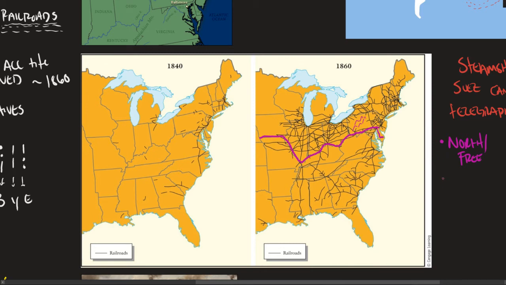Number two thing to take note of is the direction in which these railroads are going. And for the most part, we could tell that in the north, railroads are built in a way that go from east to west in general, right? For the most part, we see a lot of horizontal lines going across.